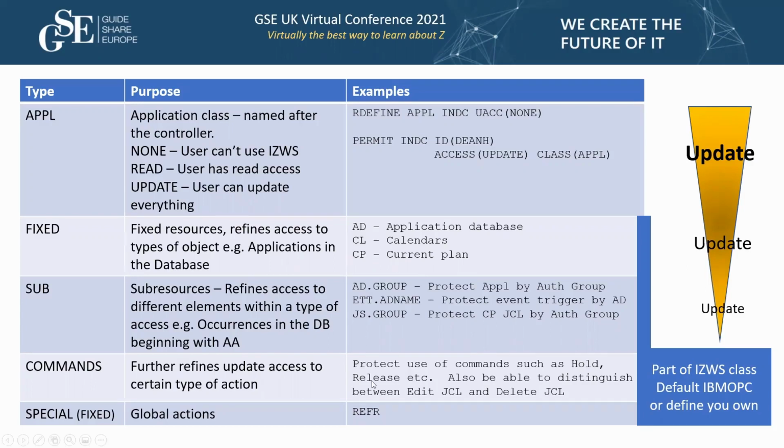You can actually define which commands users can issue on the panels, because up until 9.3, if you gave someone update access to the current plan, that meant they could add new workload, delete workload, modify workload, do all sorts of things. Whereas you might want to say, well, I only want this person to be able to restart a job, or I don't want this person to be able to delete anything from the plan. And these commands basically will restrict the kind of actions that you can do.